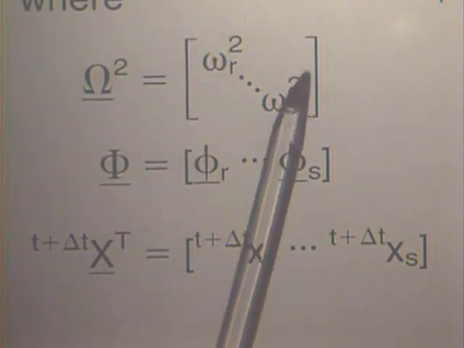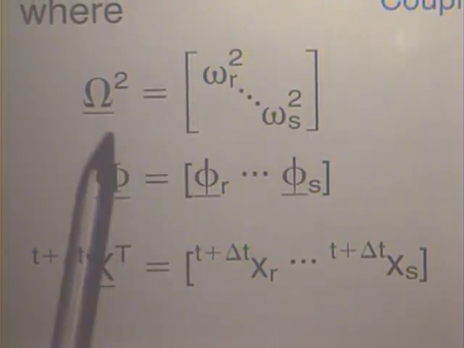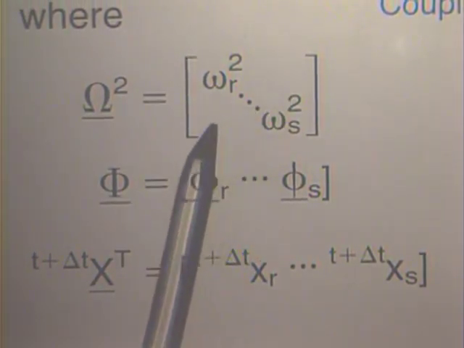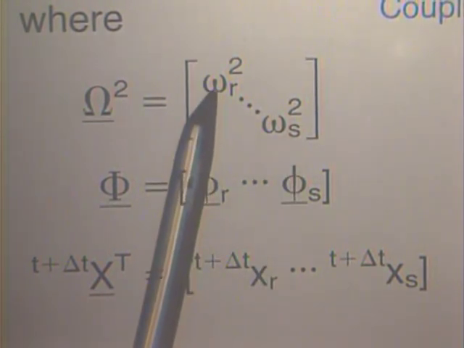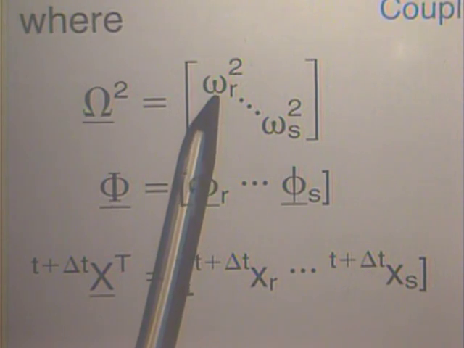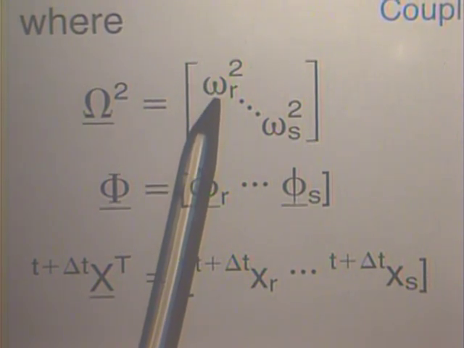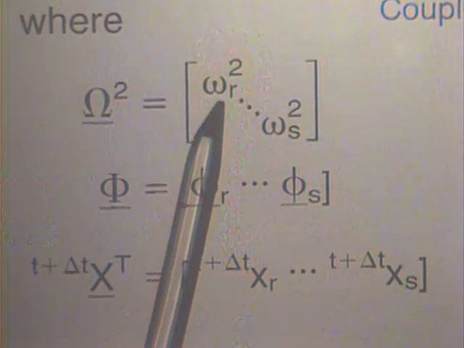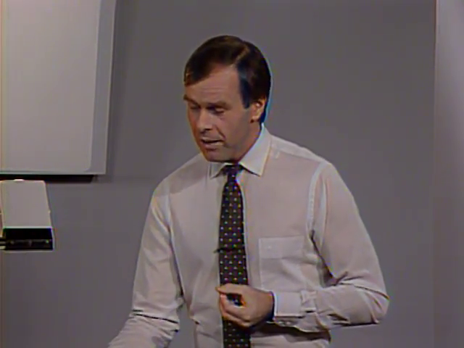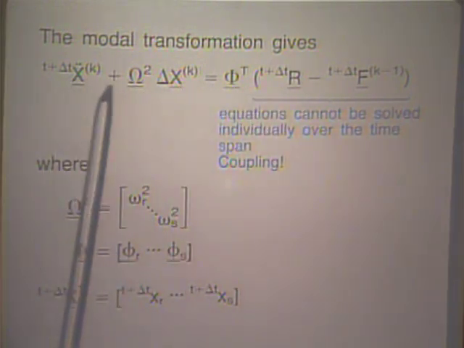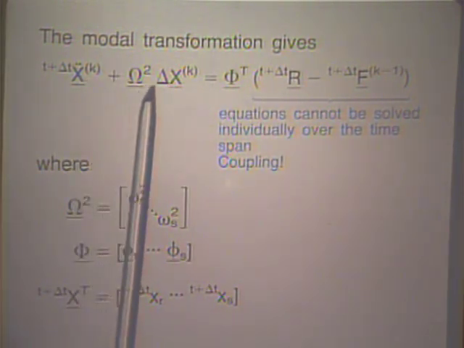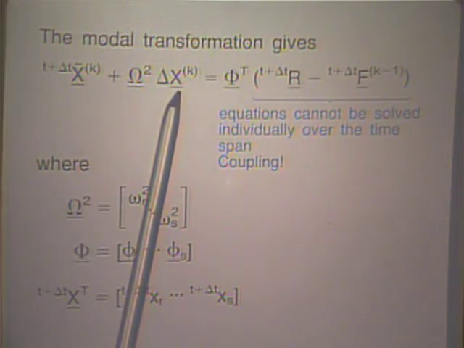Notice here we define an omega squared matrix, with 0 elements in the off diagonals, and on the diagonal we have the frequencies of the system, of the actually linear system, because we used the linear stiffness matrix K in the eigenvalue solution. These are the entries for this equation up here, and notice that we now have much fewer equations than the total number of finite element degrees of freedom.